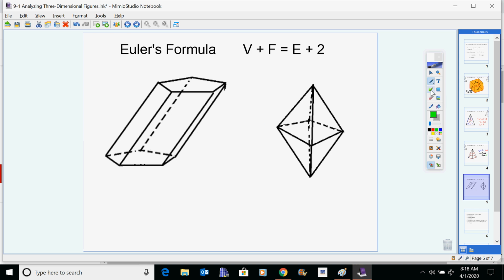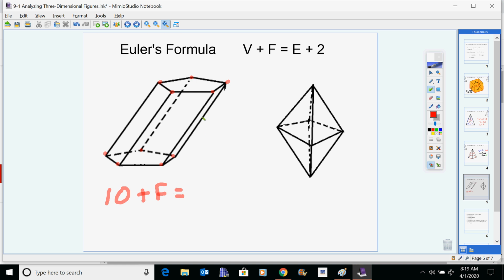So let's go through and let's count. Like I say, vertices are kind of good and easy to count, so I'm going to go through and count them. We have 1, 2, 3, 4, 5, 6, 7, 8, 9, 10 vertices. And I'm going to, once again, leave my faces for last, and let's count edges.